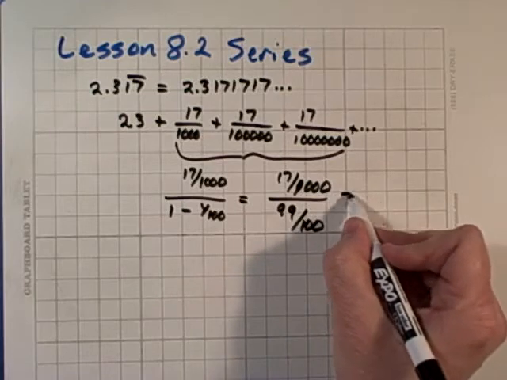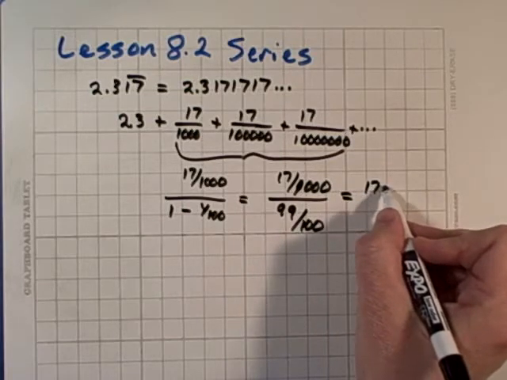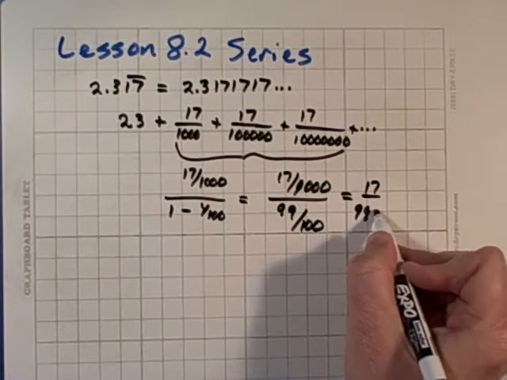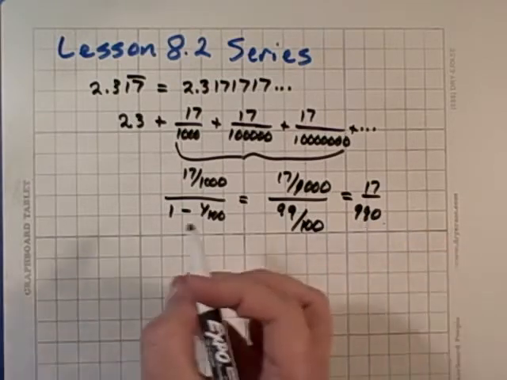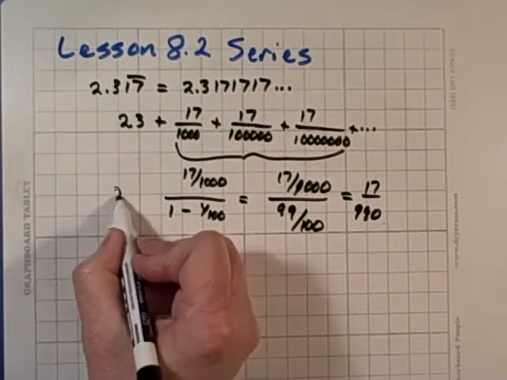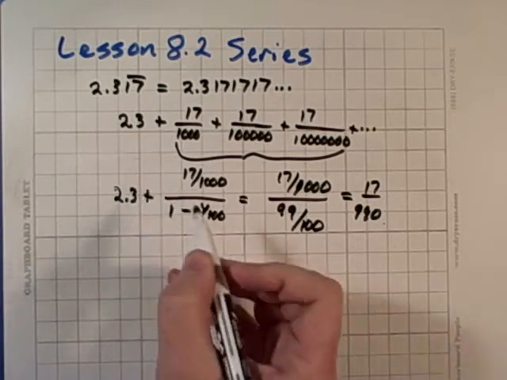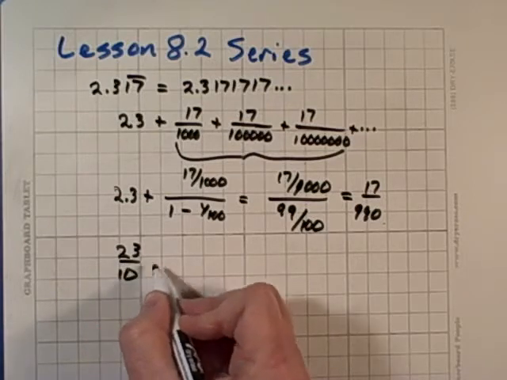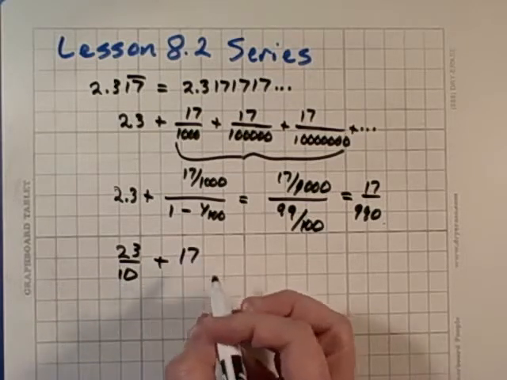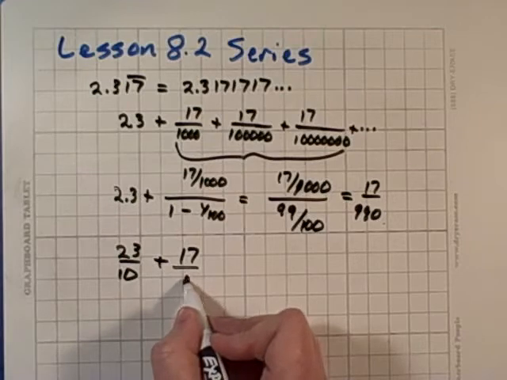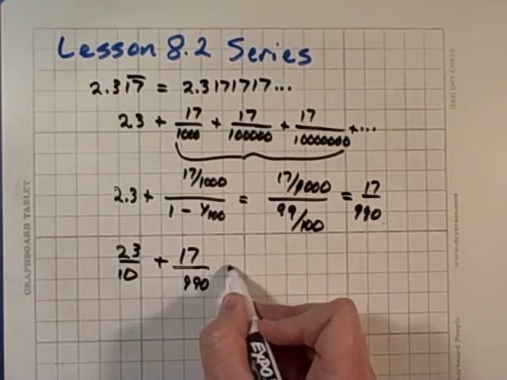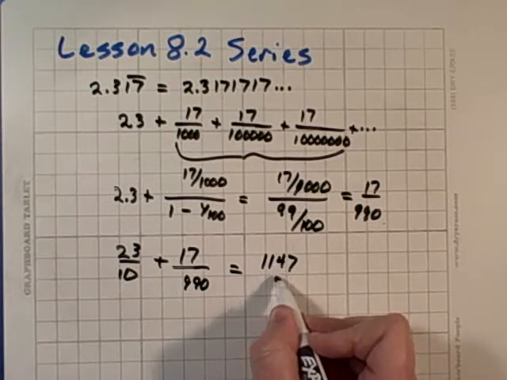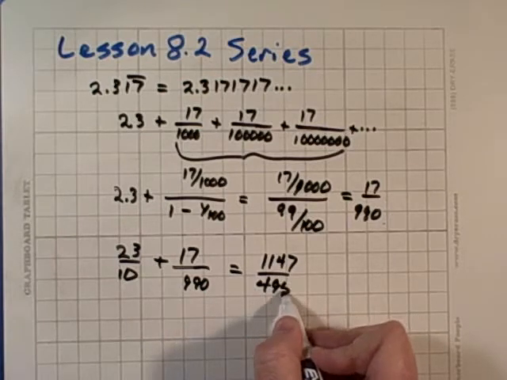And that becomes 17 over 990. When we add the 2.3 onto that, that's 23 tenths, plus 17 over 990. It gives us 1147 over 495.